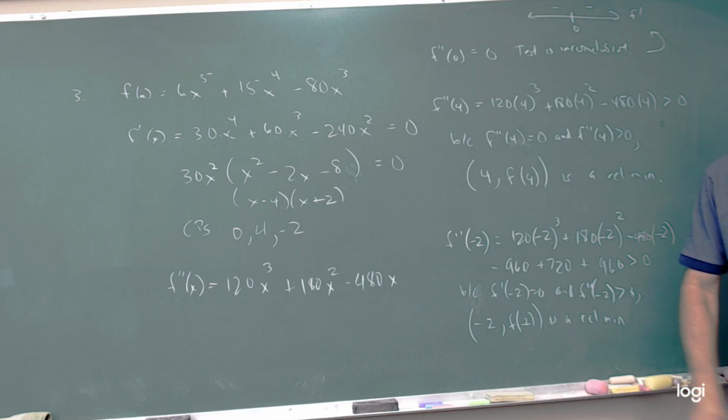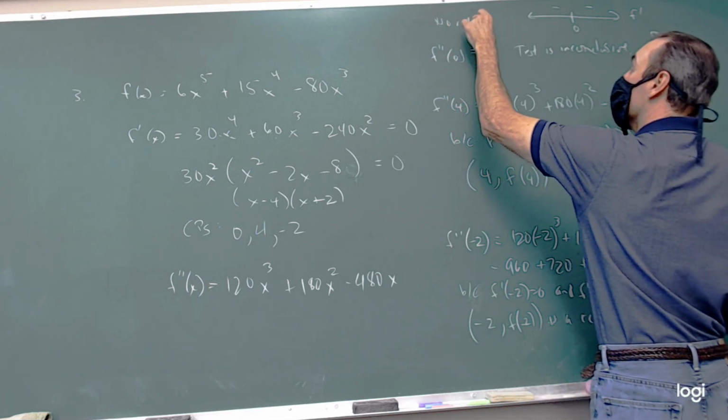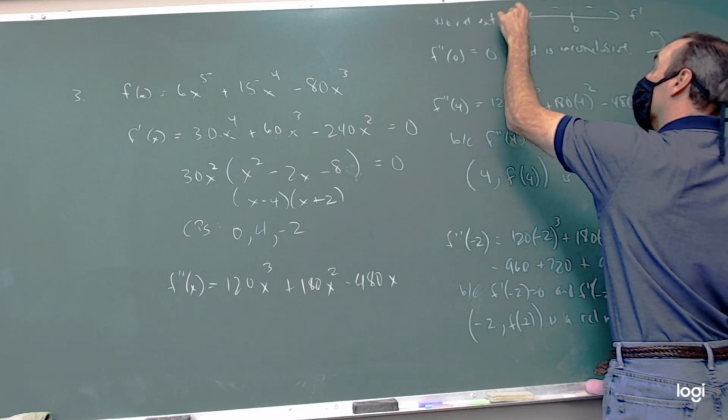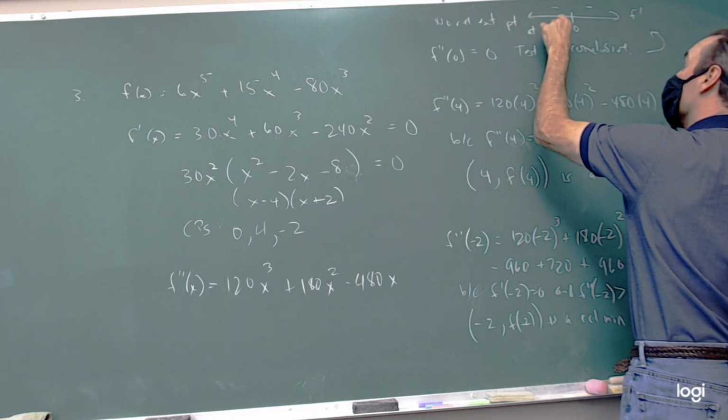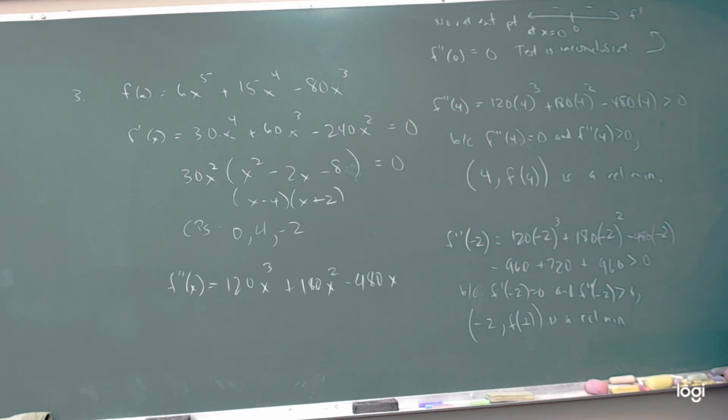It's what we call a shelf point. So no relative extreme point at x equals 0, or we can call it (0, 0). But I would want you to know that. So the way I phrased the question is: find the relative extrema. Use the second derivative test where possible.